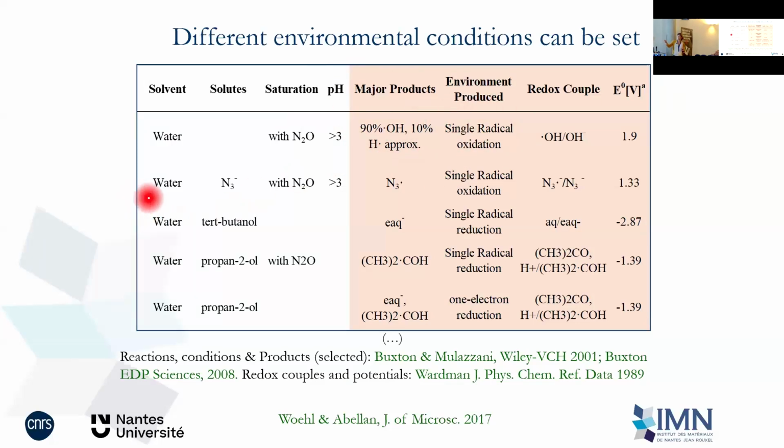And if you add tert-butanol, this is a big one, you're going to end up only with the aqueous electron, which means that you have a single radical reduction. You only have electrons there, so you know what is going to happen. And like this, you can control things.